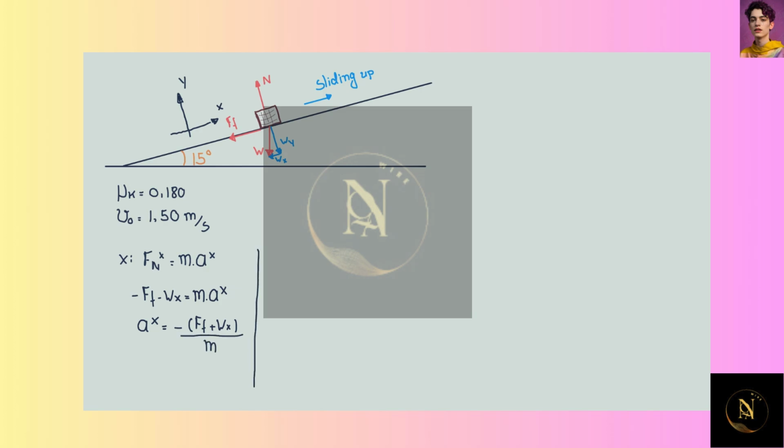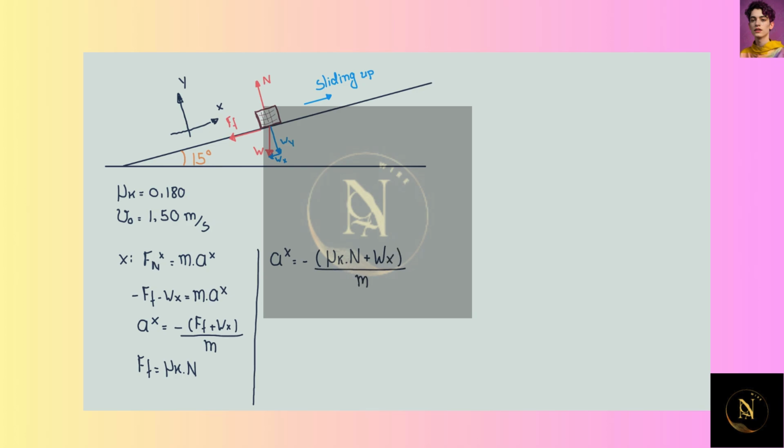But the frictional force in question is the kinetic frictional force, which is given by the kinetic frictional coefficient times the normal force. So we can write the acceleration as equal to minus mu k times the normal force plus the weight force component x, divided by the mass.